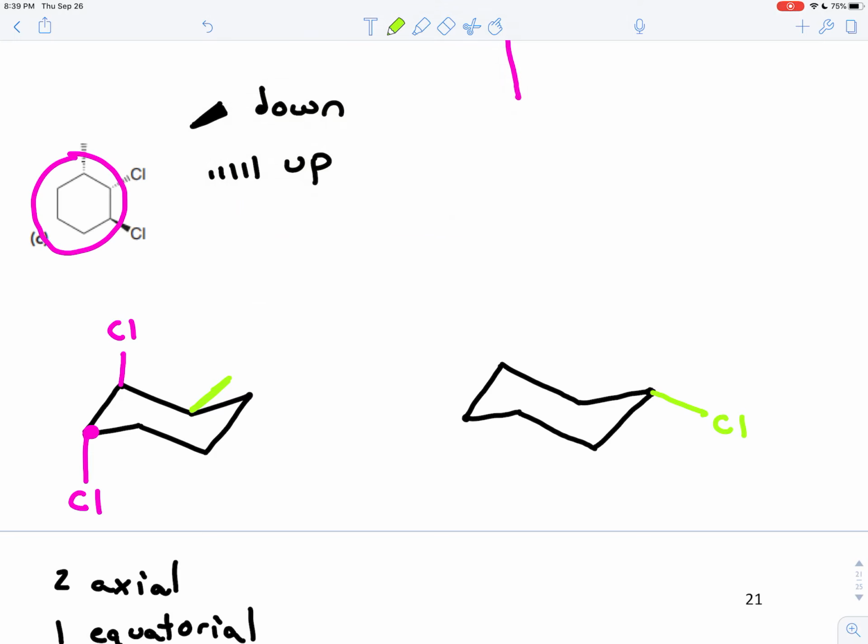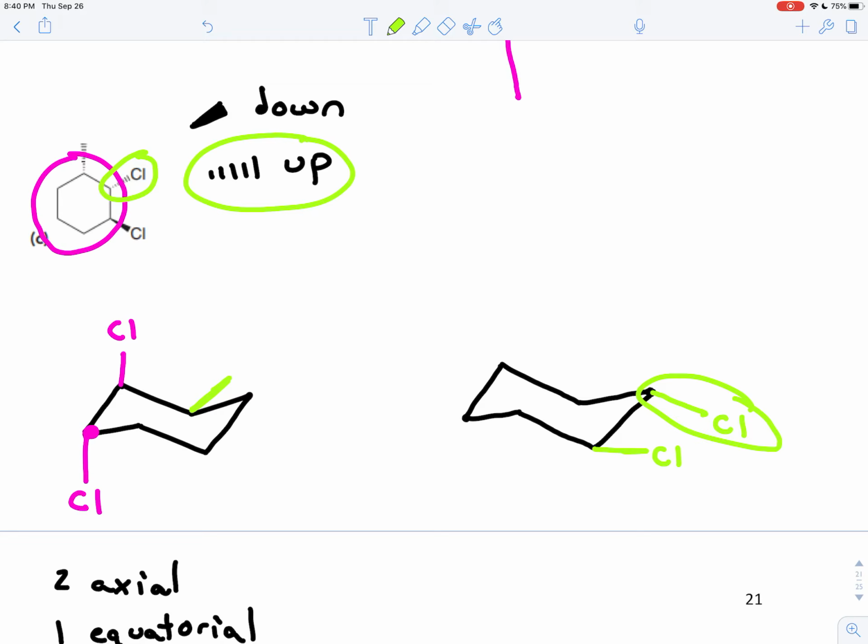Okay, so we've got here our first carbon, or chlorine, sorry, we have it equatorial, going down. Well, if that's going down, this next one, the one next to it, must be going up. So here, I'm going to draw that here because there's more drawing space. Now, if that's next door and it's going up, it must be equatorial also, because it switches.